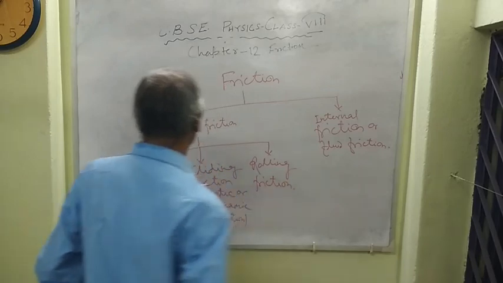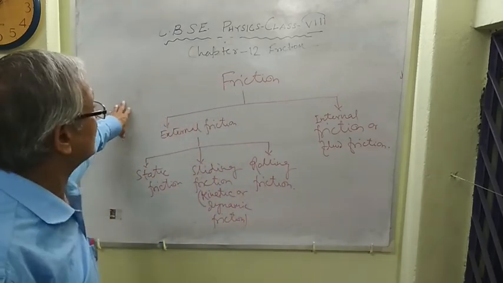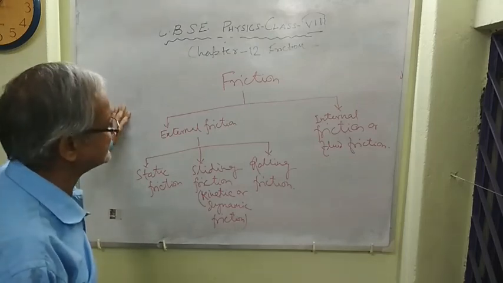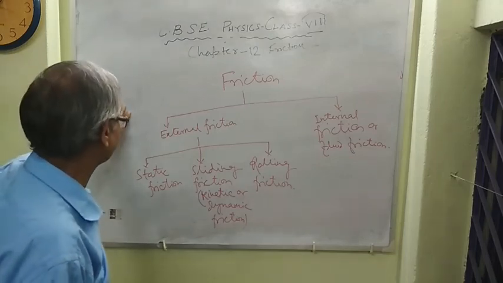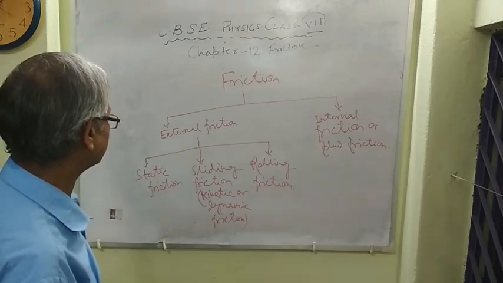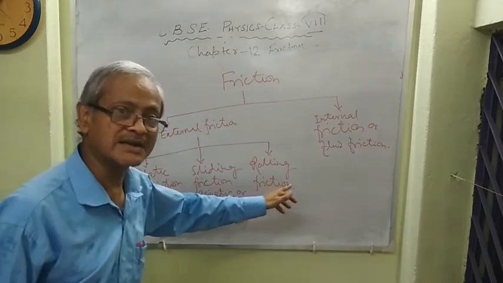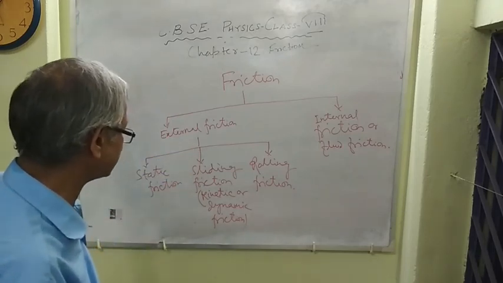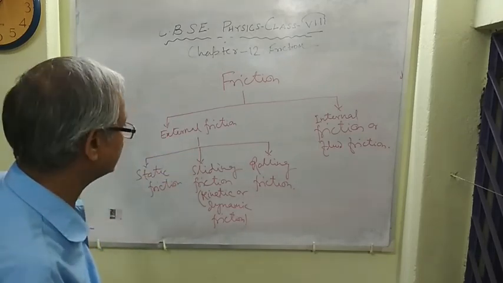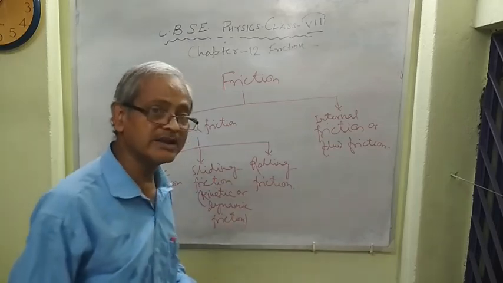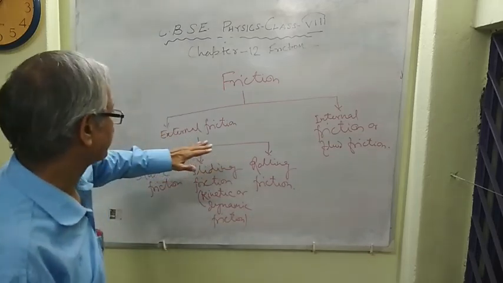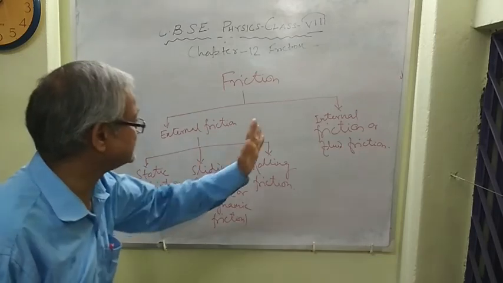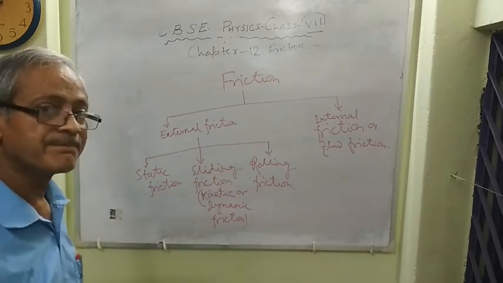We define them now. Friction is of two types, external friction and internal friction or fluid friction. External friction is divided into three parts: static friction, sliding friction or kinetic friction or dynamic friction, and the third one is rolling friction. Note these divisions of friction in your exercise book.